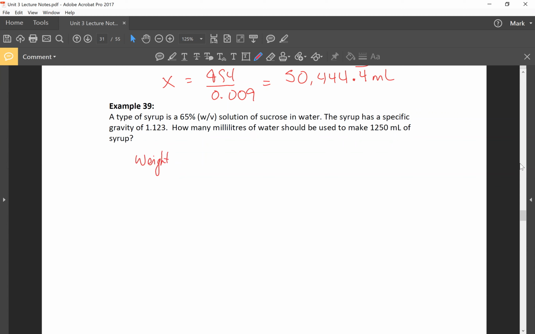So the weight of my liquid will be the volume of equivalent water times the specific gravity.